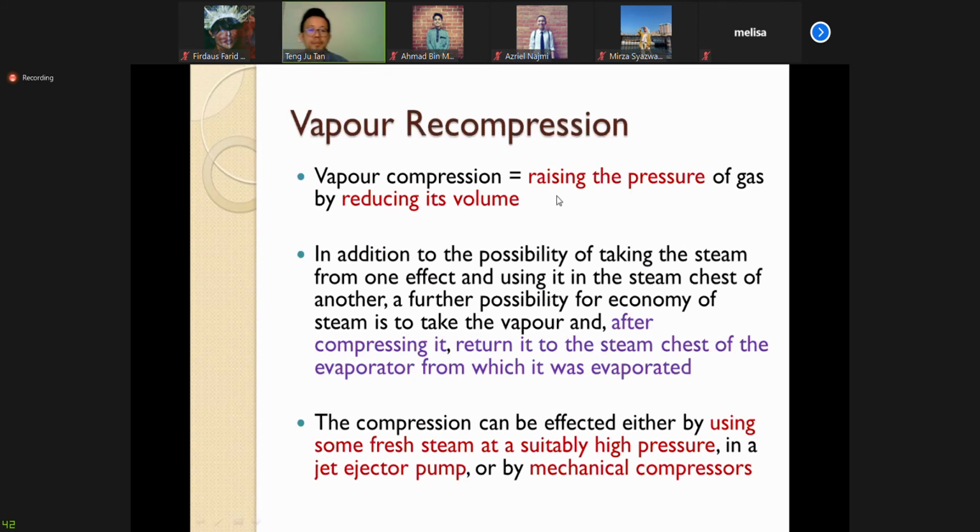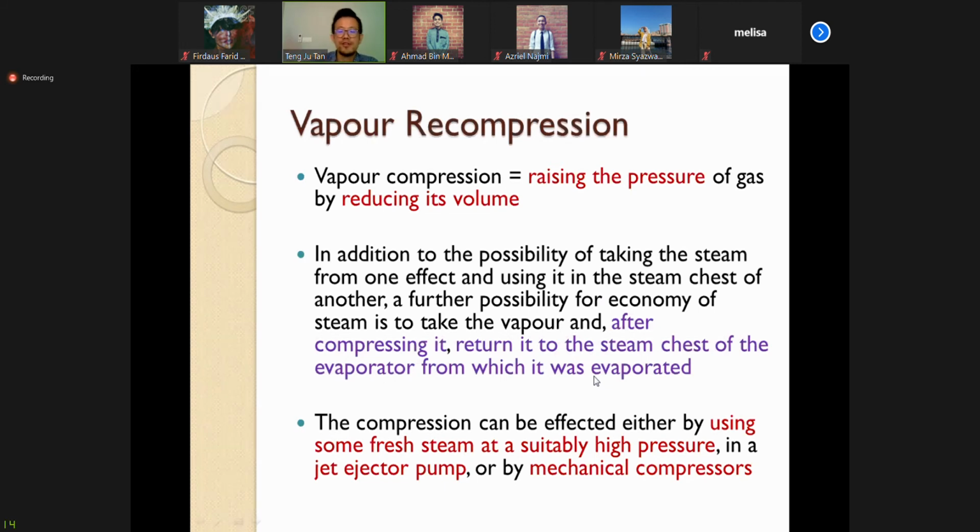All right. So now we study vapor compression. Vapor compression means raising the pressure of a gas by reducing its volume. You compress the gas, so it will increase the pressure by reducing the volume. In addition to the possibility of taking the steam from one effect and using it in the steam chest of the other, a further possibility for economy of steam is to take the vapor and, after compressing it, return it to the steam chest of the evaporator from which it was evaporated.